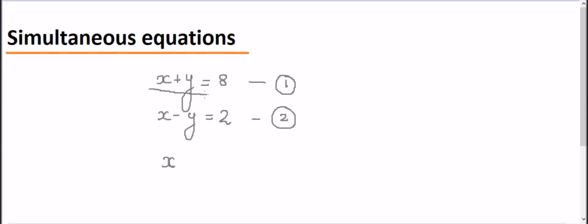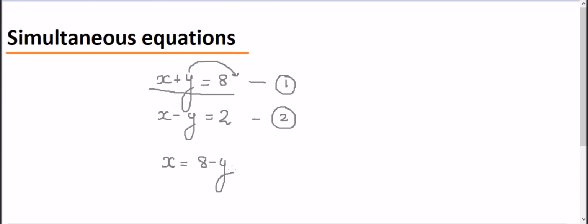So I need to rearrange this equation and make x the subject. What you need to do is just transpose y there. You'll get 8 minus y. That's all you have to do.